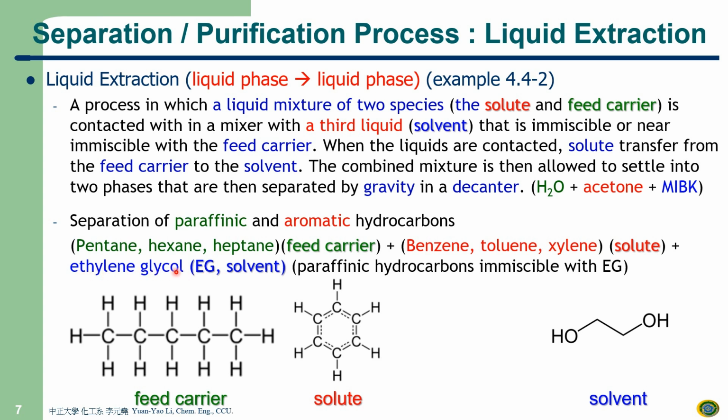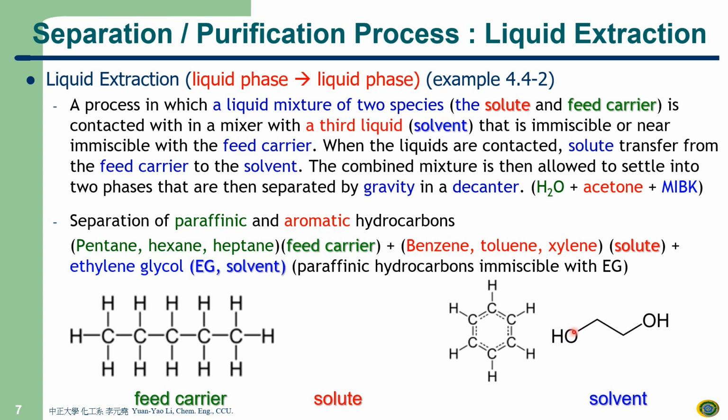So ethylene glycol can dissolve this. This is solvent, this is solute. So this one can be taken out from this system to the solvent. So this is liquid extraction.